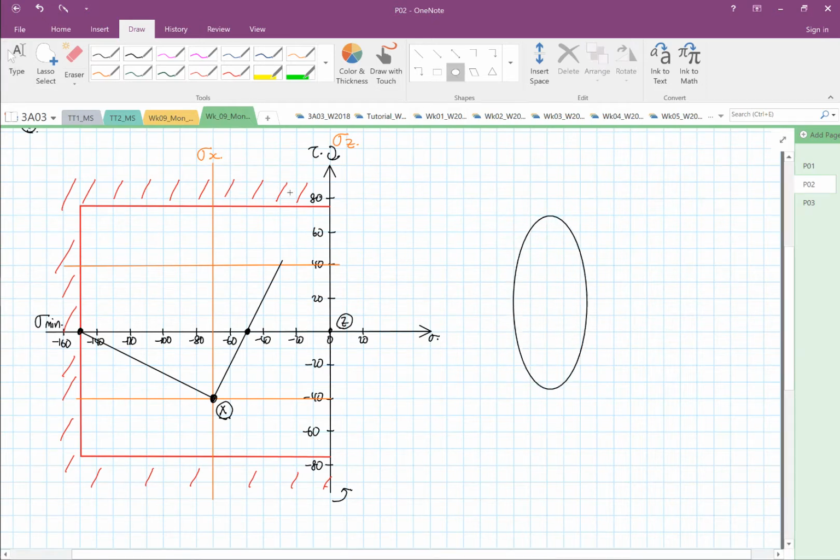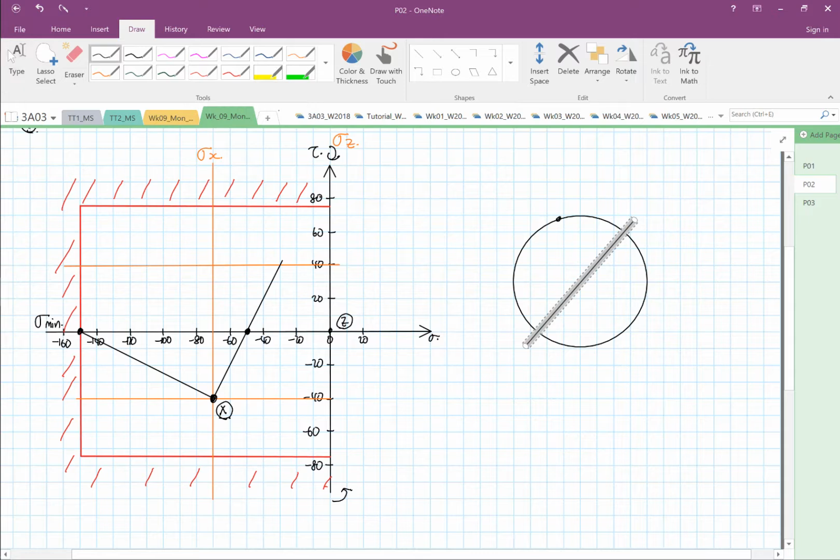If we were to draw a circle and draw a line across the center, and pick a point, join it from this end to this end, and then from the other point join over here, this will always be 90 degrees.